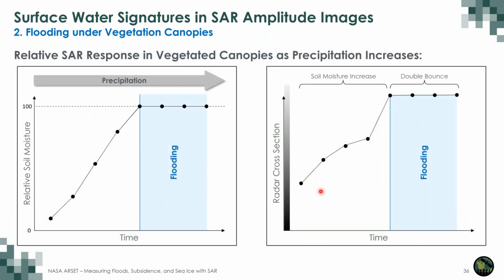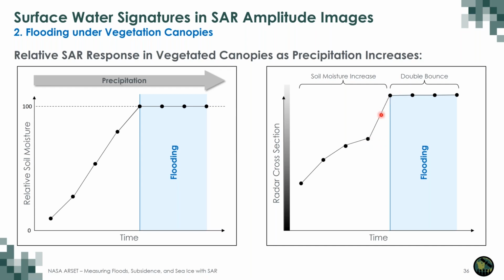So looking again at that same time series, as rainfall develops, we have first a gradual increase of radar backscatter related to an increase of soil moisture. But now at the point when surface water is forming, the brightness actually becomes very bright. So you jump up instead of down because we get very strong double bounce signatures under these vegetation canopies.